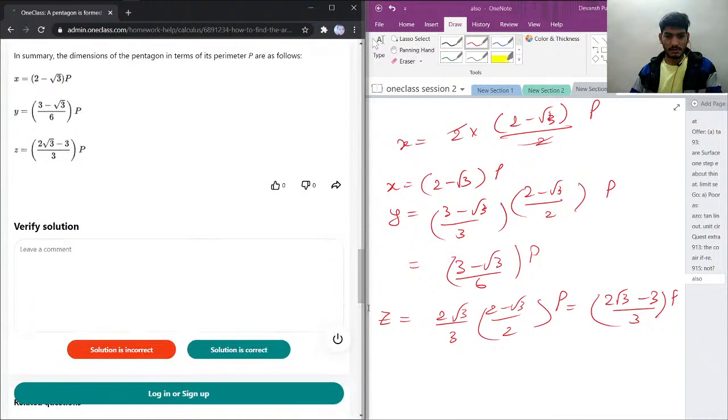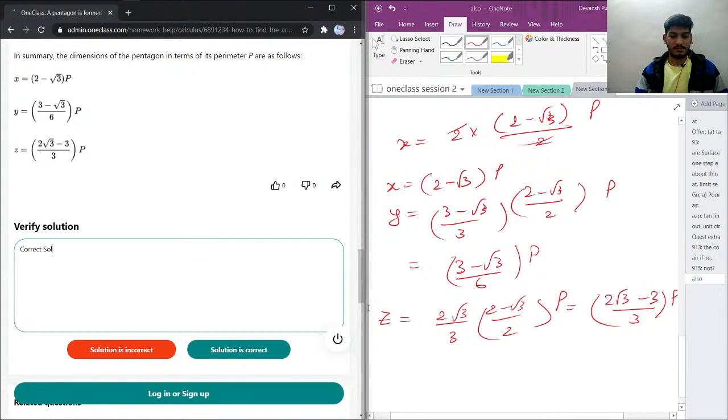So again the solution given here is correct, and this was a very lengthy question. Good work.